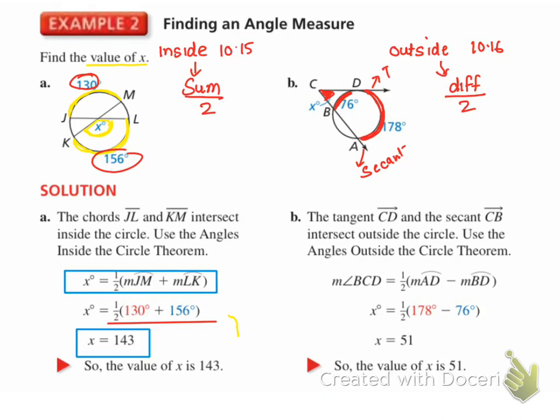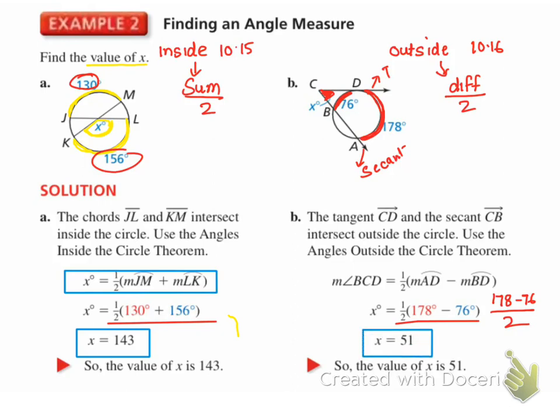To find x, take the difference and divide by 2. You can write it like this, that is also fine. Your final answer is x is 51.